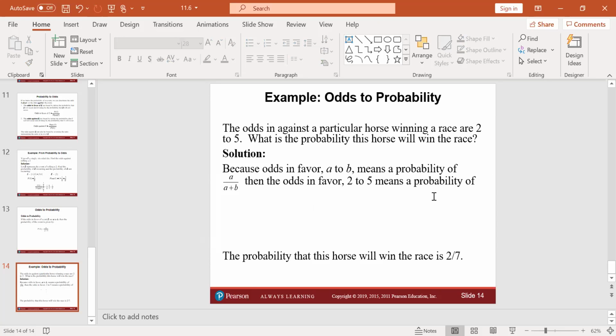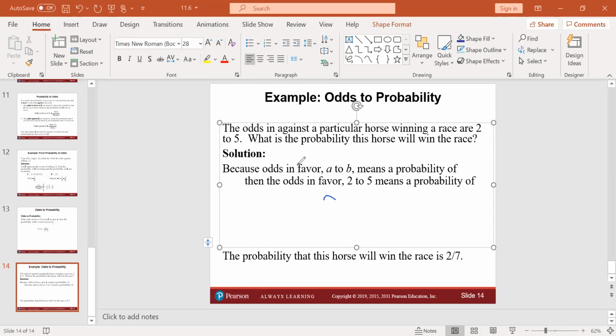Well, that changes everything. You can't quite use that formula. Now, if the odds against are 2 to 5, 2 are the odds against, 5 are the odds actually in favor. We're just changing the order of it. Thus, there is actually a 5/7 chance that the horse will win in that case. So it just depends on how you're reading the odds.